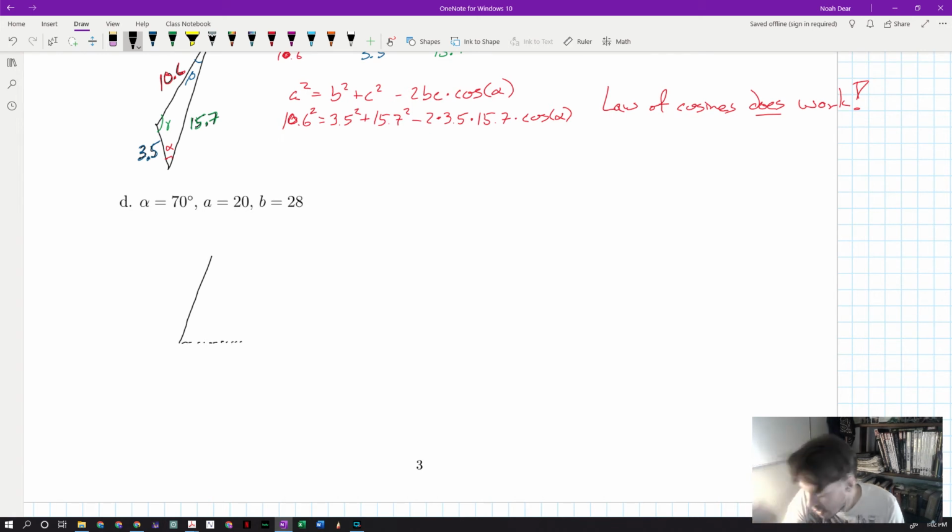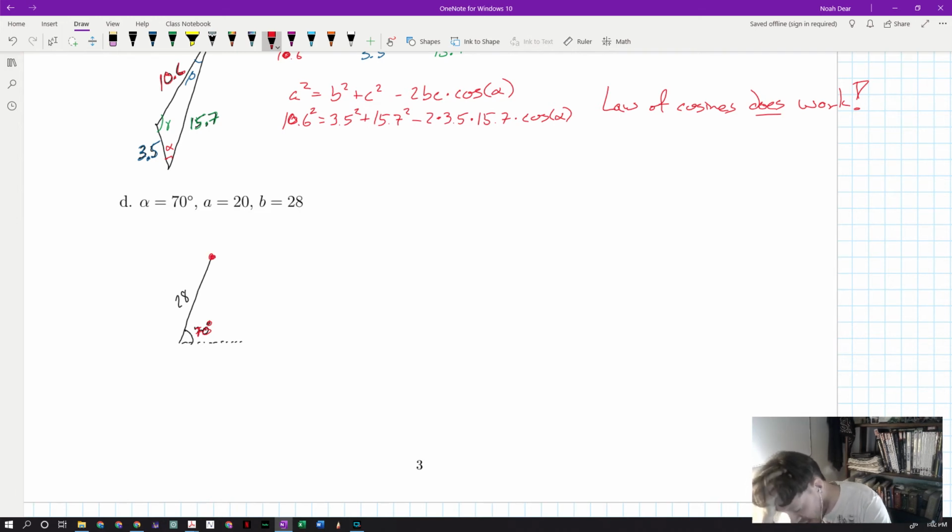So if I have a matching side and angle, then I draw the angle. Here's 70 degrees. And then B, next to it, is 28. And then side A is across from there. So you're going to have this.